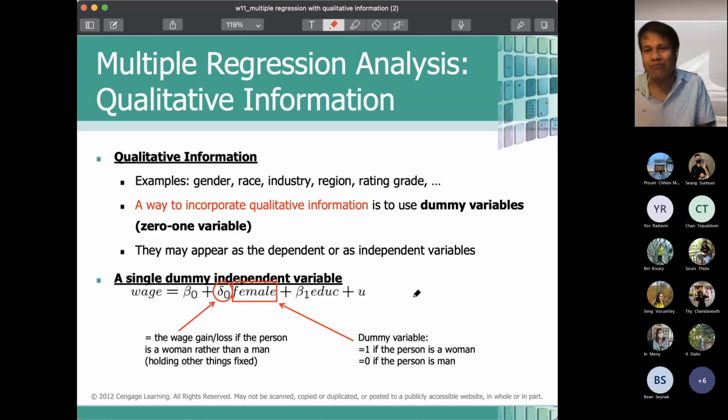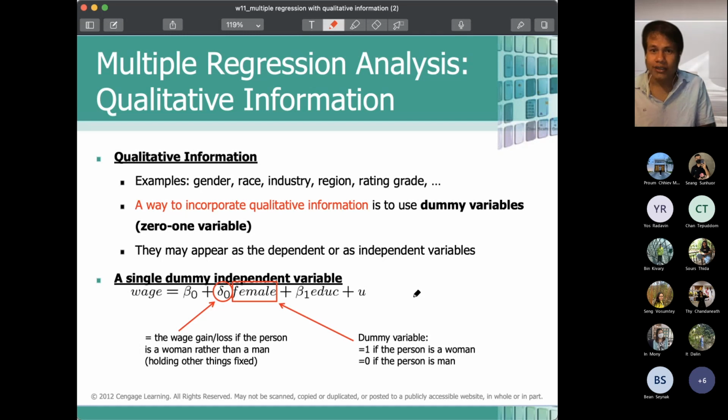You cannot say, if gender increased by 1 unit, no, it does not make sense. If race increased by 1 unit, if industry, if region, if grade increased by 1 unit, no, it is not correct, right?